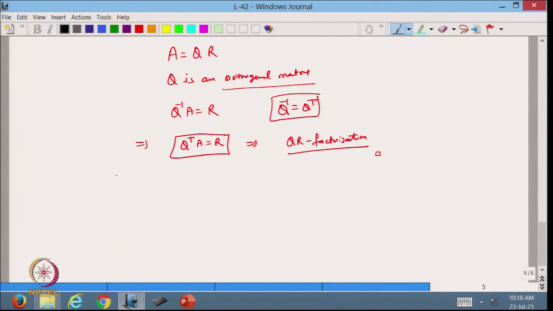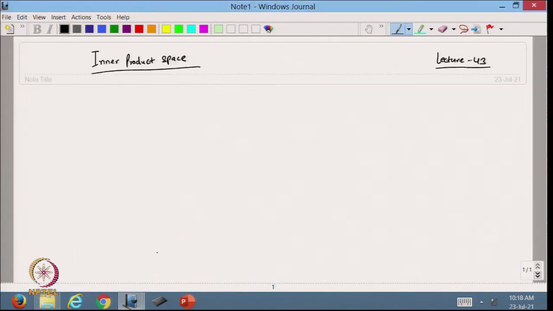So, whatever we are doing here, I can write that if the matrix A is n cross r in the QR factorization, then A can be written as Q R, where Q is also n cross r, because A will contain r vectors each of dimension n.